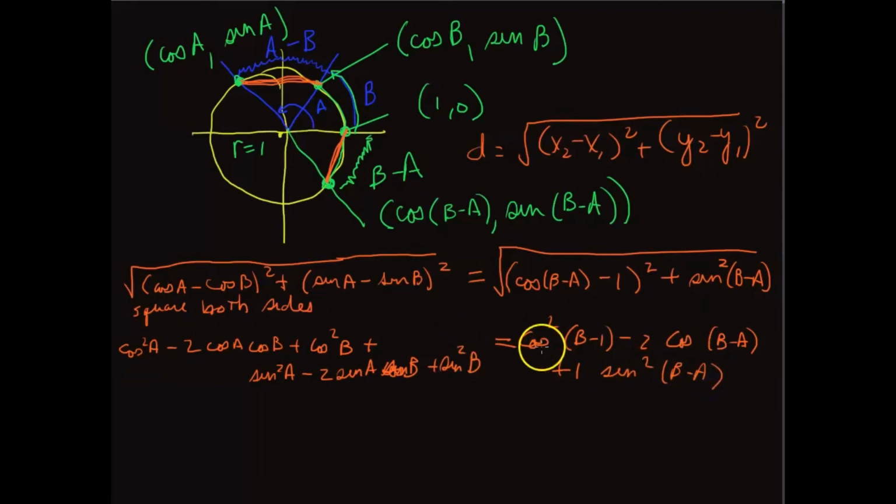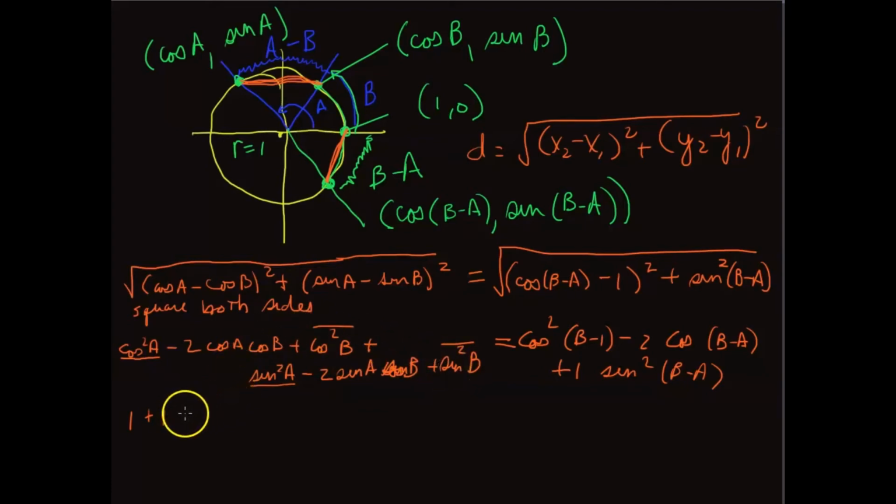So I couldn't fit all that in one line. But look at all these. Cosine squared a, sine squared a. That's just 1. Pythagorean identity. Cosine squared b, sine squared b. That's just 1.